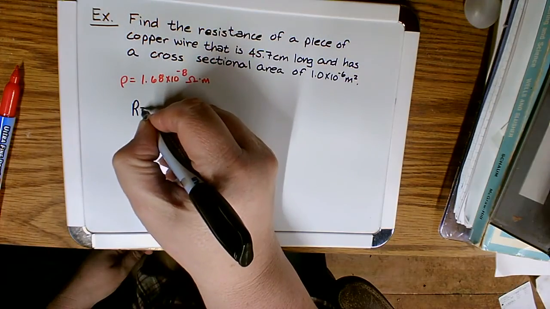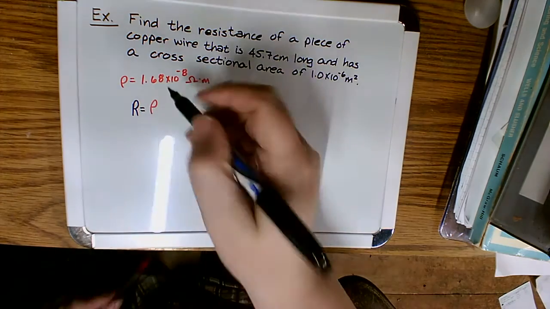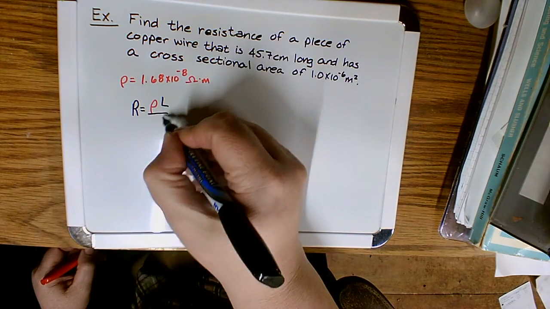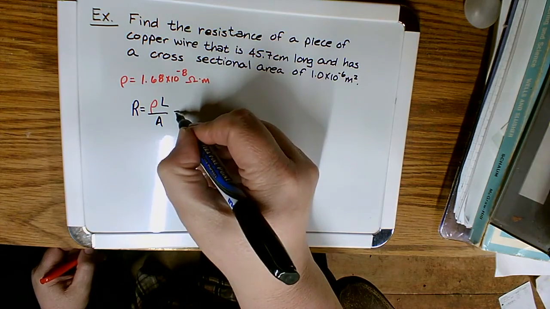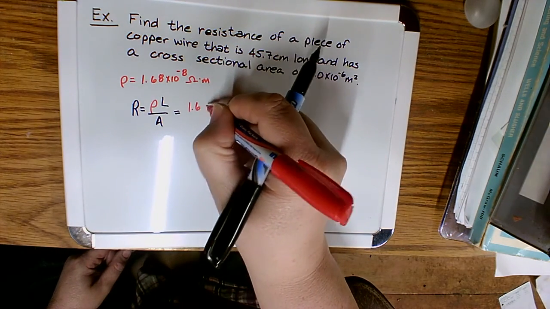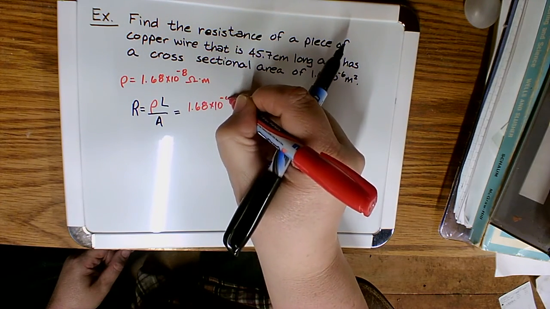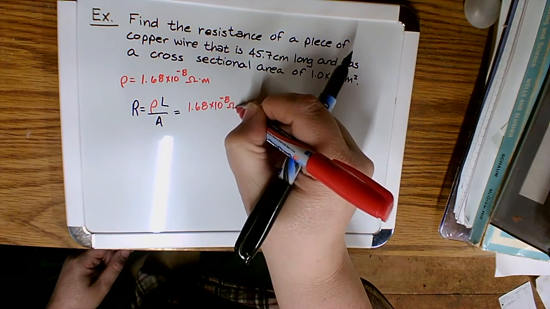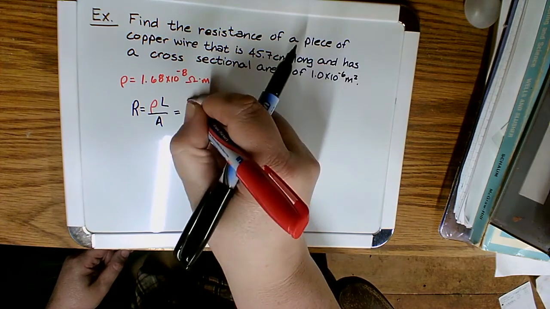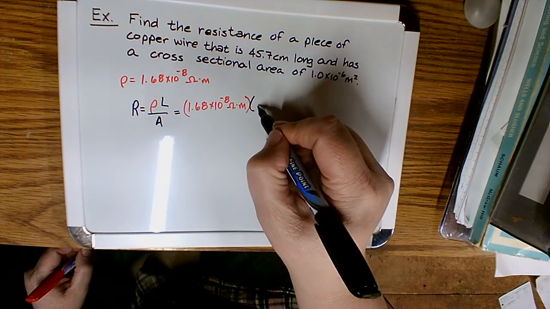Okay, so what we're going to do here, we know that the resistance is equal to rho L over A. So in this case, for rho, we're taking the resistivity of copper, 1.68 times 10 to the minus 8 ohm meters.